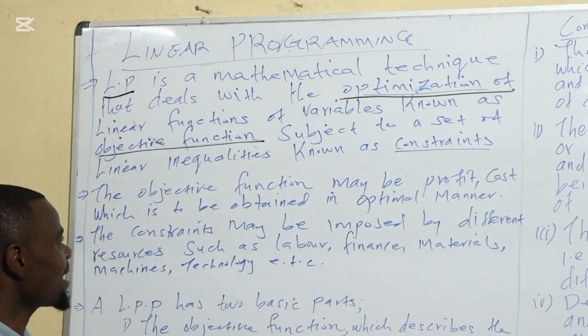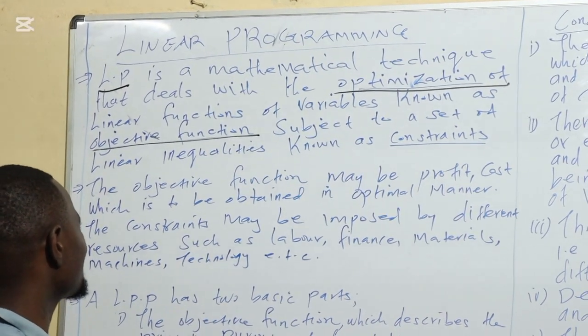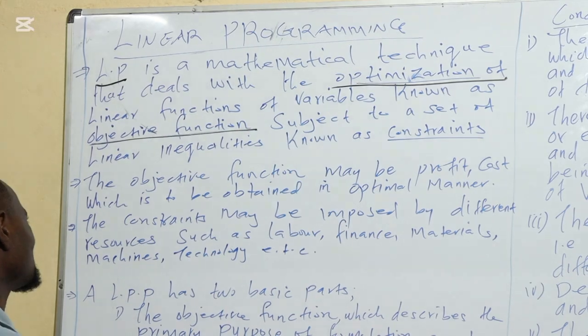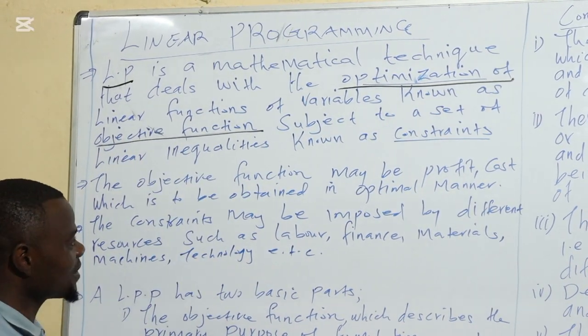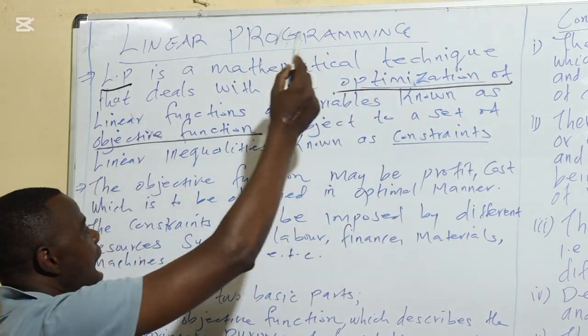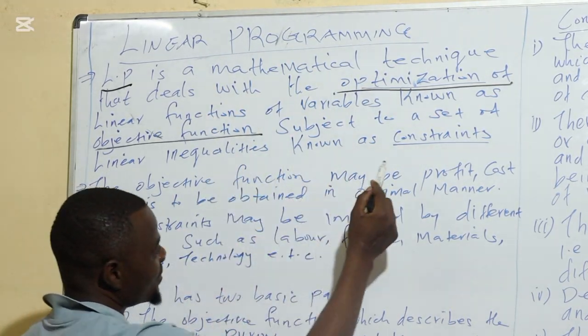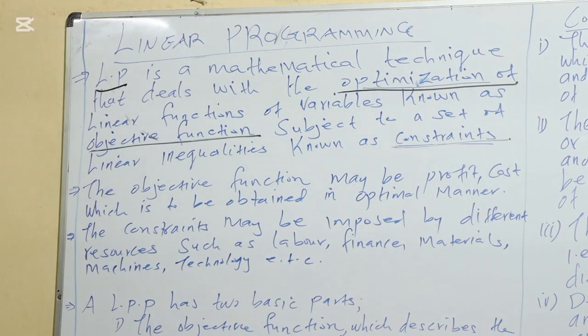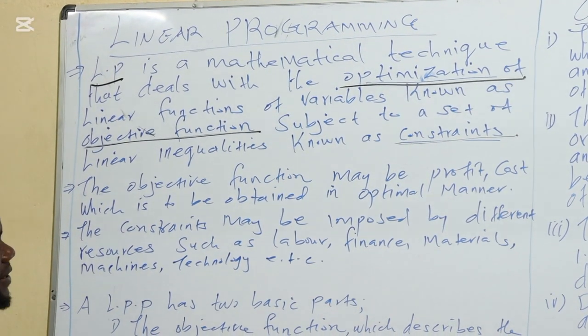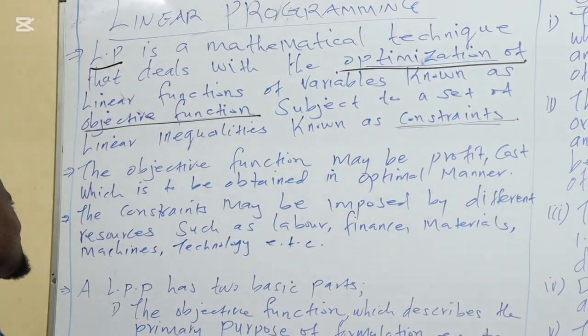Remember, in a business, our aim is either to maximize our profit or minimize our cost. So our profit and our cost are going to be our objective function, which must be subject to a set of linear inequalities known as constraints. For us to achieve the objective function, there must be some well-defined constraints.